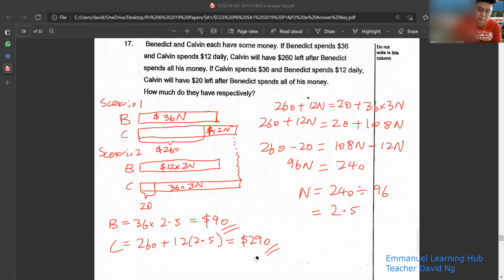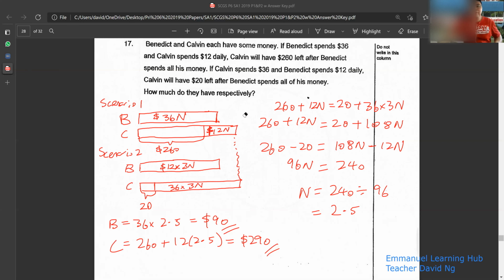Then you got these two answers, and you lost confidence. Then you do back checking, and you get back 36 and 20, 20 and 260. Then you know it's the correct answer already. This is called back checking.